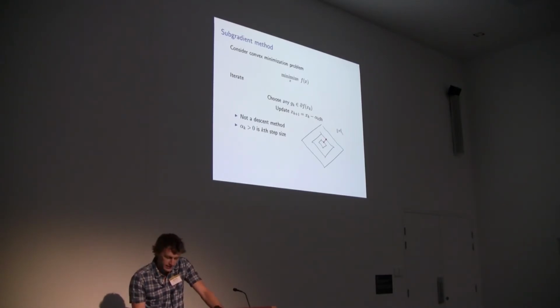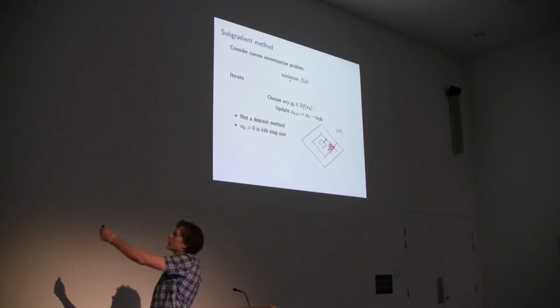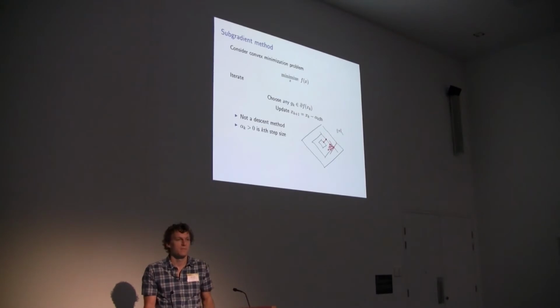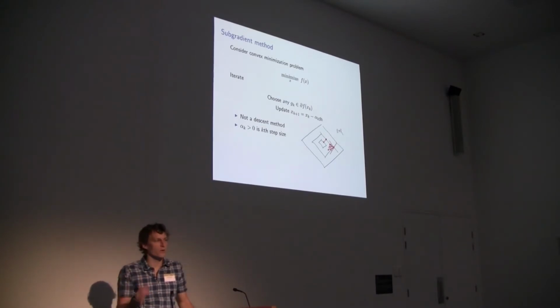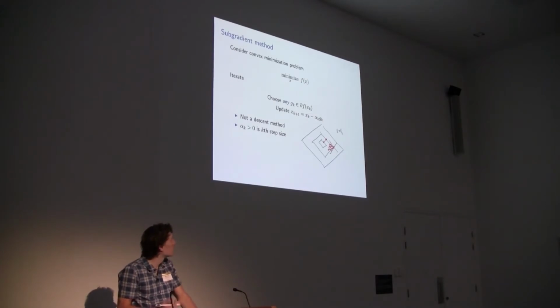Whereas here, the subgradient set is anything that's on this side of the space. Basically, all the directions from here point you a little bit closer to the global minimum of this function. So subgradients take you closer to the global minimum. They don't actually decrease your function values, but they do take you closer.